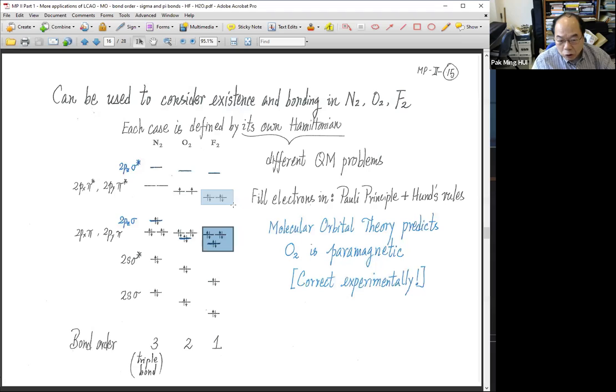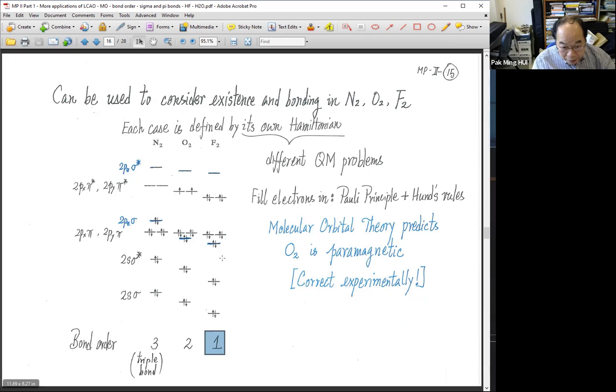You have a net 2 electrons in bonding, divided by 2, then it is a single bond. And that is what you learned, I hope, previously in chemistry. Fluorine, you have a P, you have another P, because all the other things have been filled up, and therefore they form one up, one down pushing. You have 1 electron here, you have 1 electron there, lonely, looking for pairing, and then this is the F2 situation. And this is a single bond.